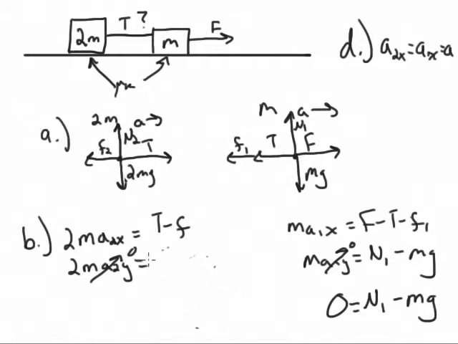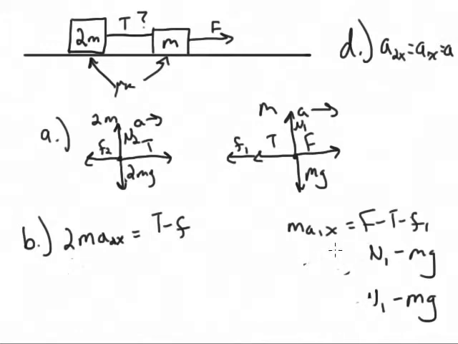The way that I will suggest doing it is the same way as the notes. We'll just add the two horizontal equations of motion together and then solve for the acceleration.